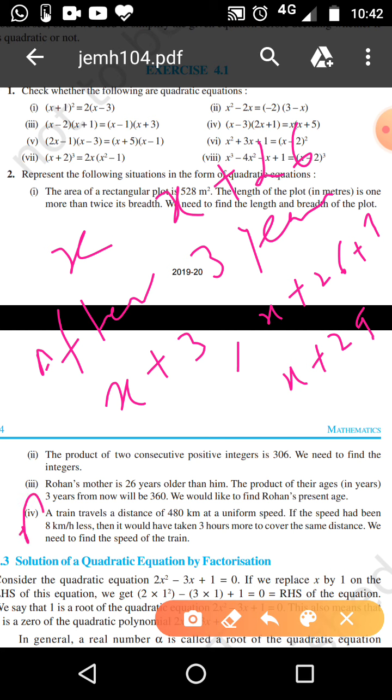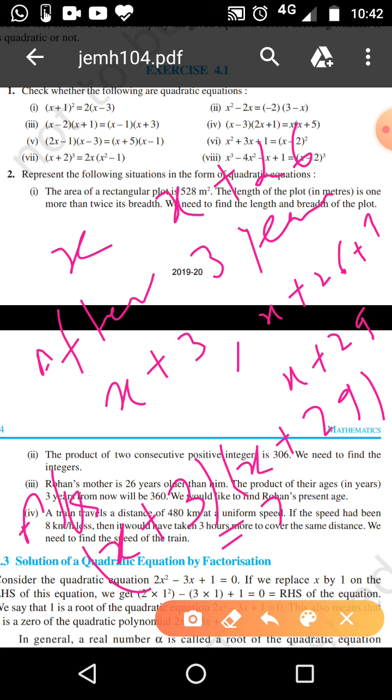So x plus 3 multiplied by x plus 29 is nothing but 360. We multiply it and get the quadratic equation. I hope you multiply it and get the quadratic equation for this particular question.